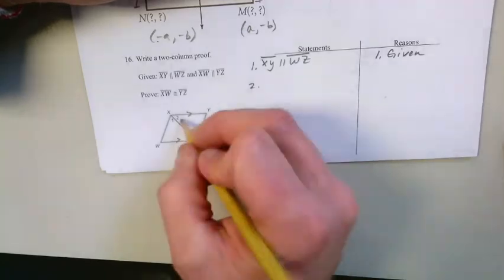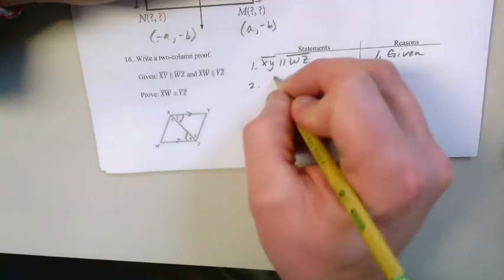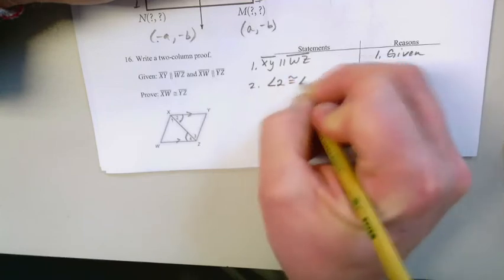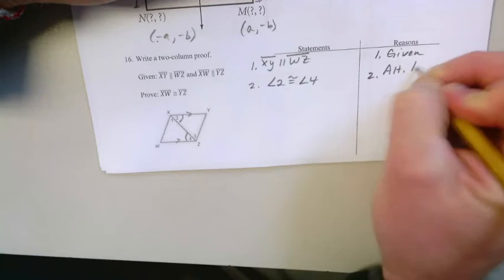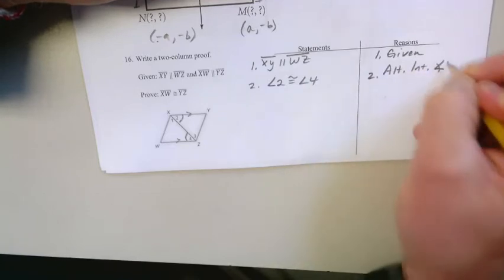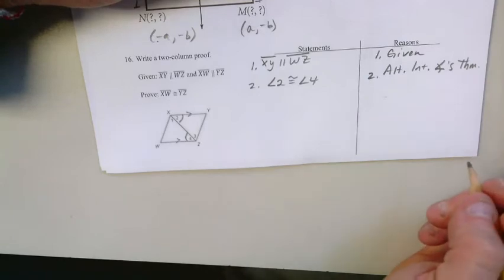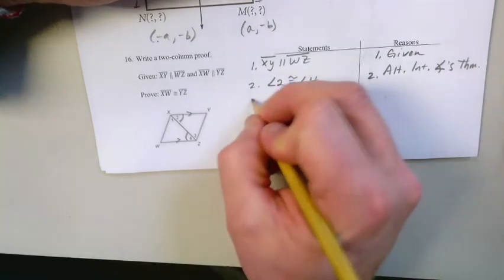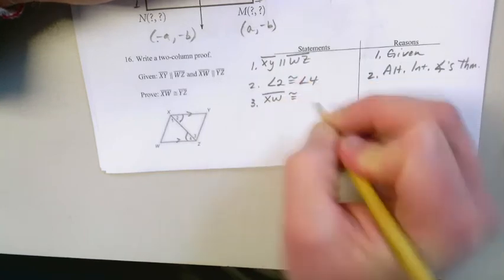What that means is that these alternate interior angles right here and here have to be congruent. So I'm going to put down angle 2 is congruent to angle 4 by the alternate interior angles theorem. All my shorthand. Okay? Now we're also told, as part of our given, that XW is congruent to YZ.